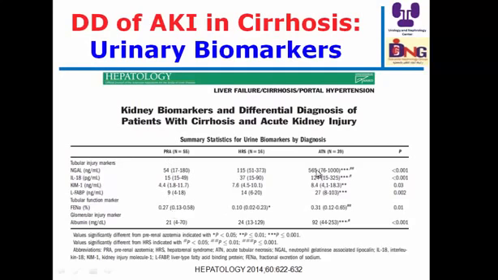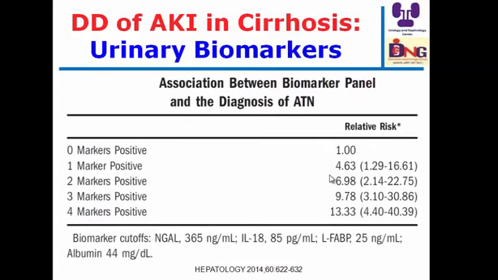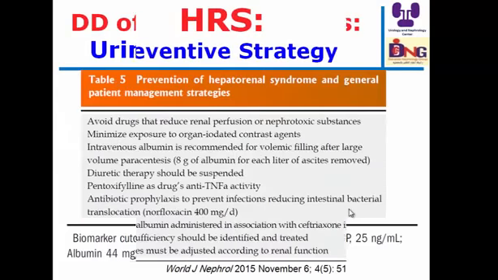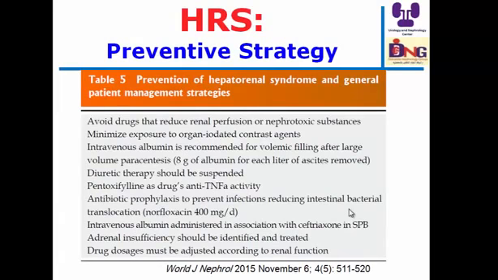The values in acute tubular necrosis for NGAL and interleukin 18 and others are very high, to the extent that if you find 4 markers elevated, this increases the likelihood of a diagnosis of acute tubular necrosis by 13-fold. So again, the biomarkers may help us for a better and more accurate definition of hepatorenal syndrome.